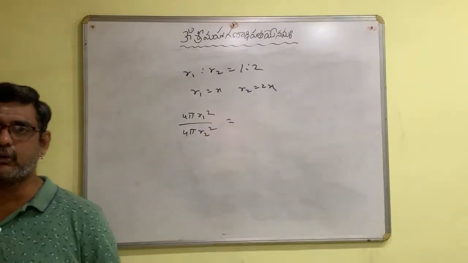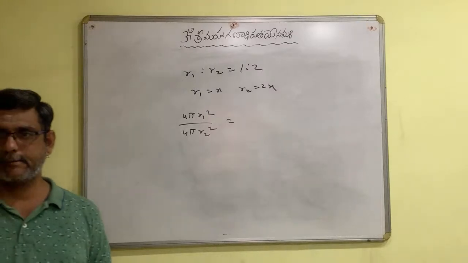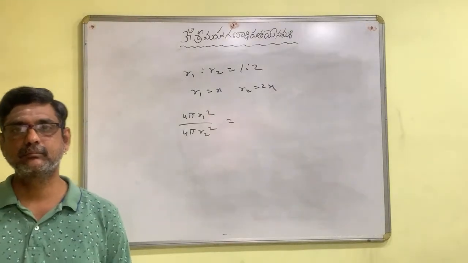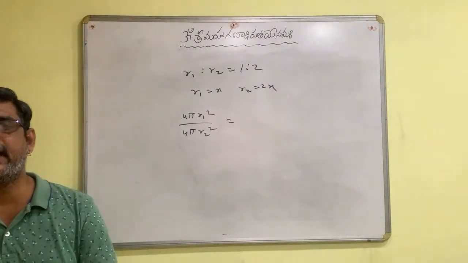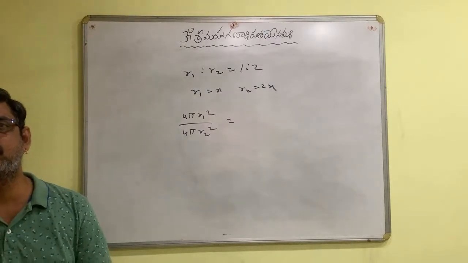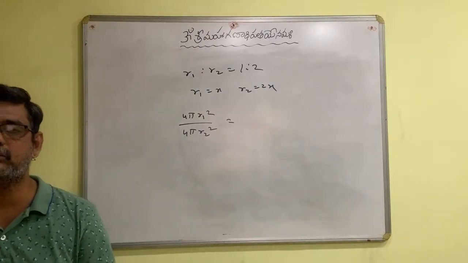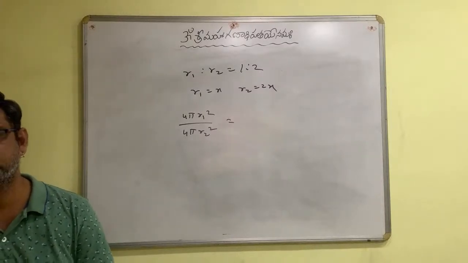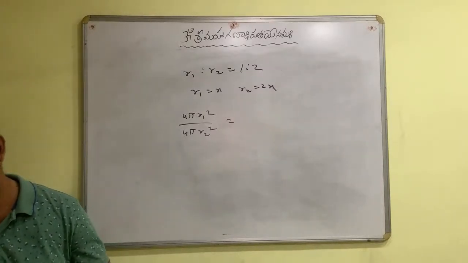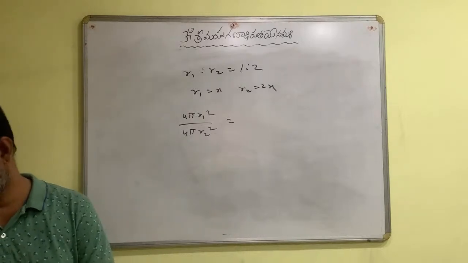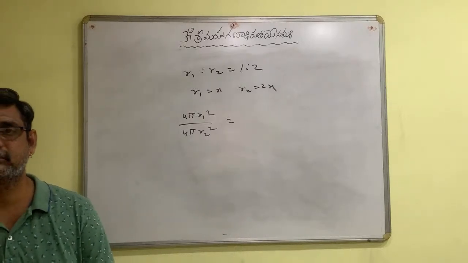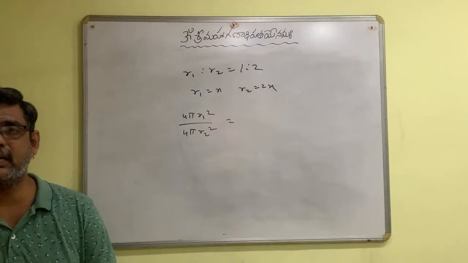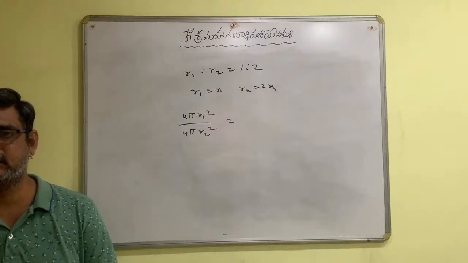What will be the answer, students? Radii are given in the ratio 1:2. Then what is the ratio of their surface areas?